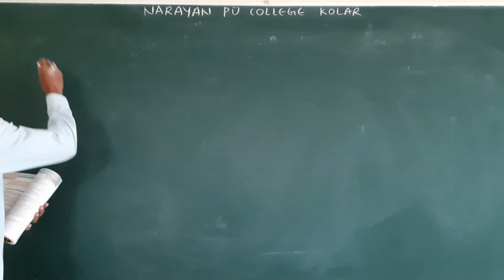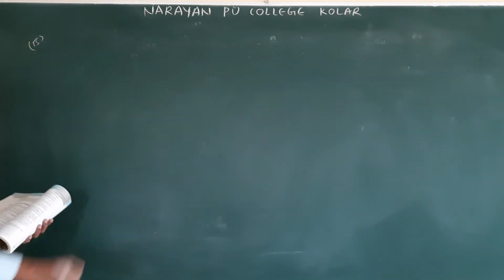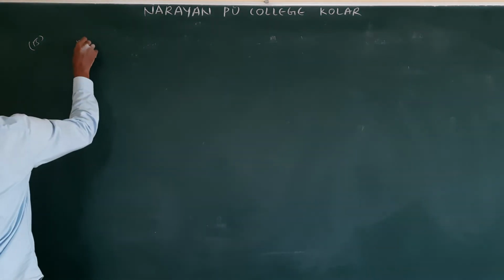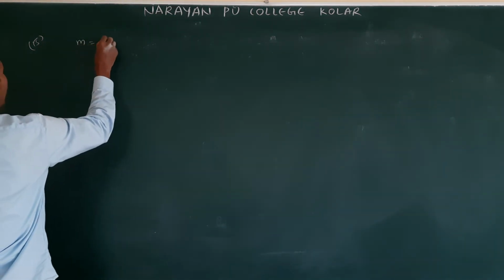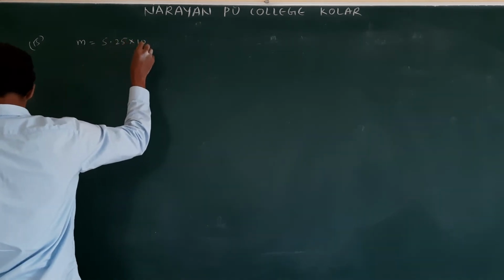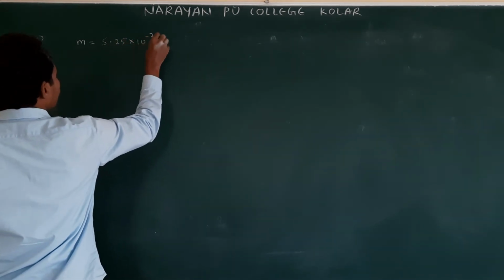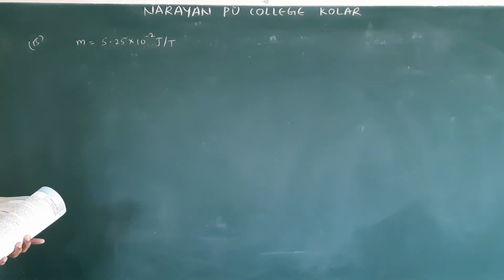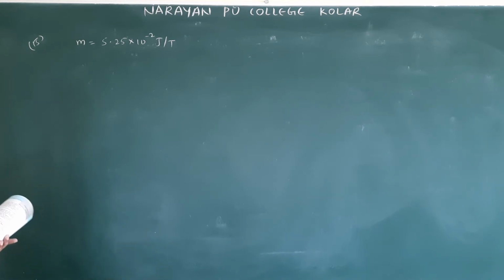Okay, 15th problem. A short bar magnet of magnetic moment M is equal to 5.25 into 10 power minus 2 joules per Tesla is placed with its axis perpendicular to the Earth's field direction.